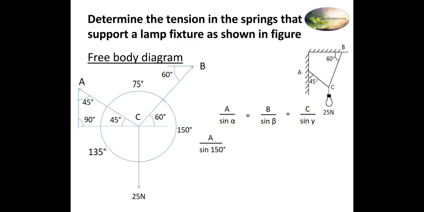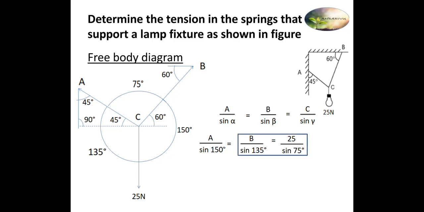So we can write A by sine 150 degree, 60 plus 90, 150 degree, equal to B by sine 135 degree, 45 plus 90, 135 degree, equal to C, the lamp weight 25 Newton, by sine 75 degree, remaining 360 minus 135 plus 150.